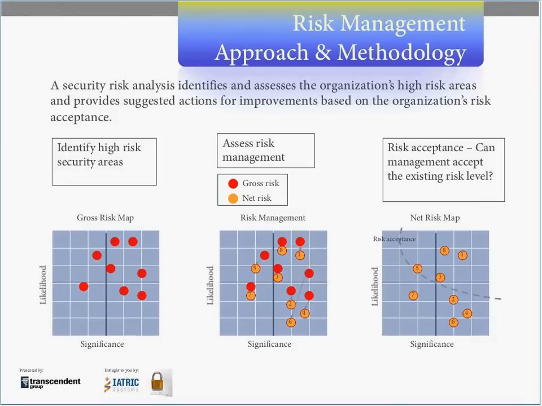However, there's a key point with this three-step methodology going from gross to net risk map that I want to point out. The critical piece is that we want to identify not just the key risks, but we also want to identify the key controls. Doing this enables our risk management program to verify and maintain the most important controls for the organization.